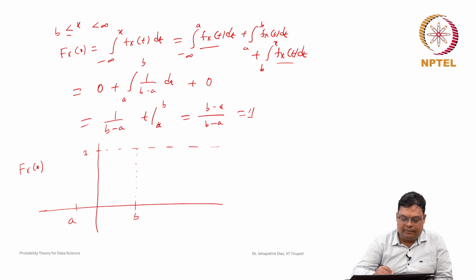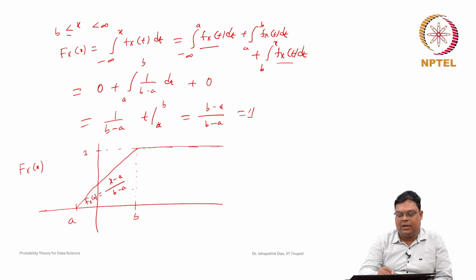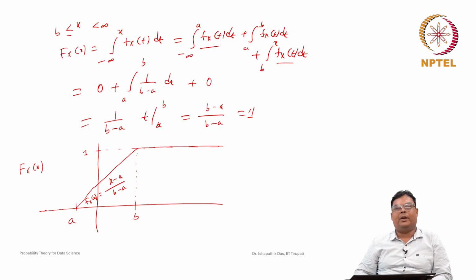The curve in between is nothing but x minus a by b minus a. So F_X(x) equals x minus a by b minus a inside the interval a to b. This is the cumulative distribution function of a continuous random variable.